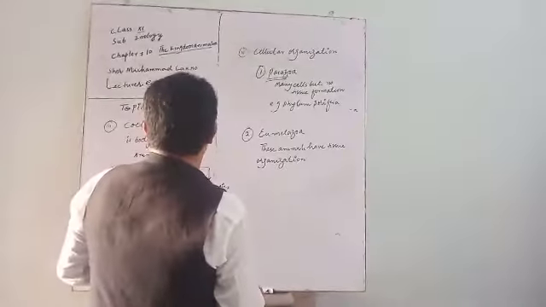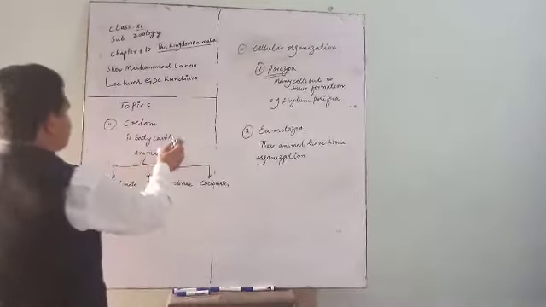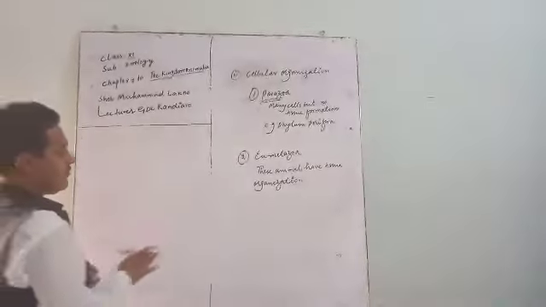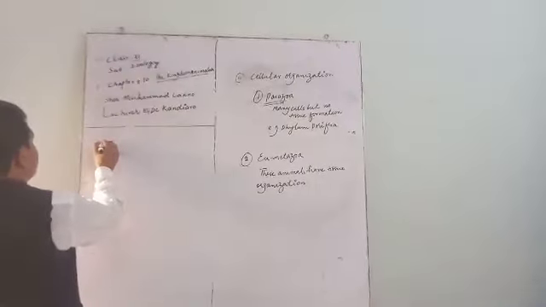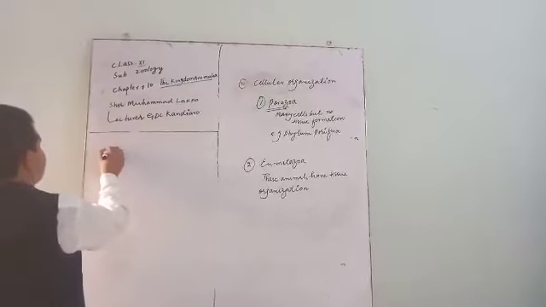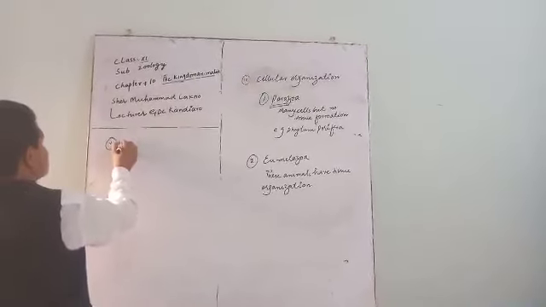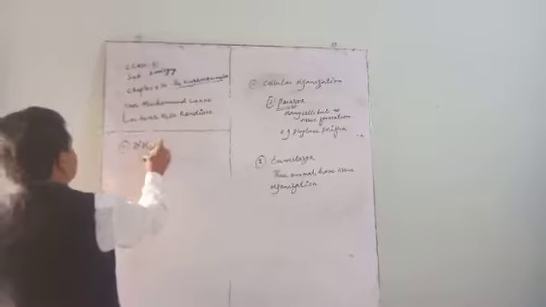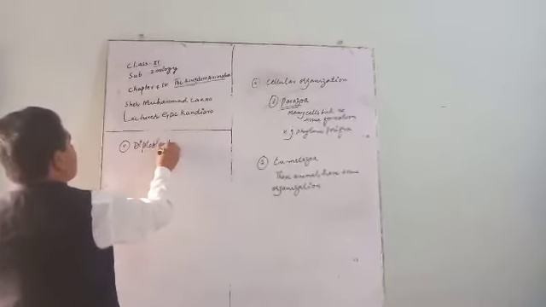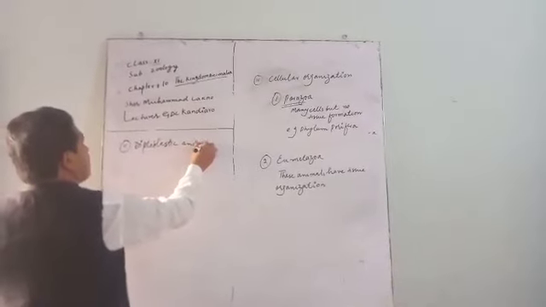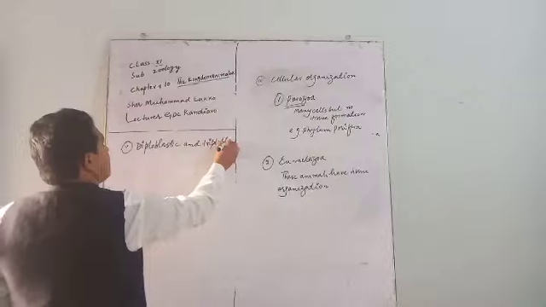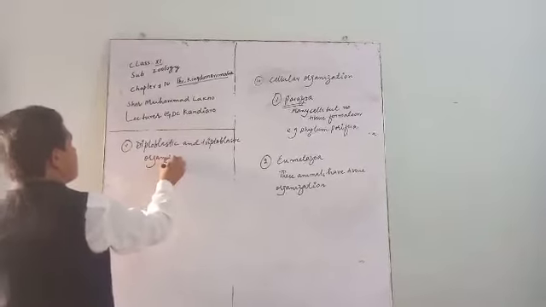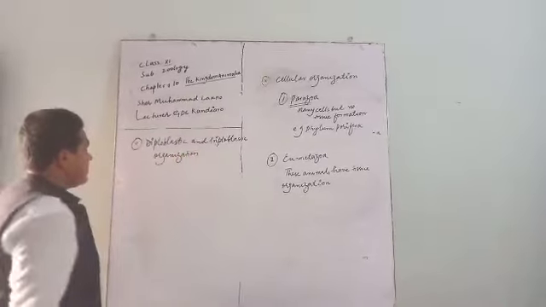Now we have the next factor for classification of animals: diploblastic and triploblastic organization.